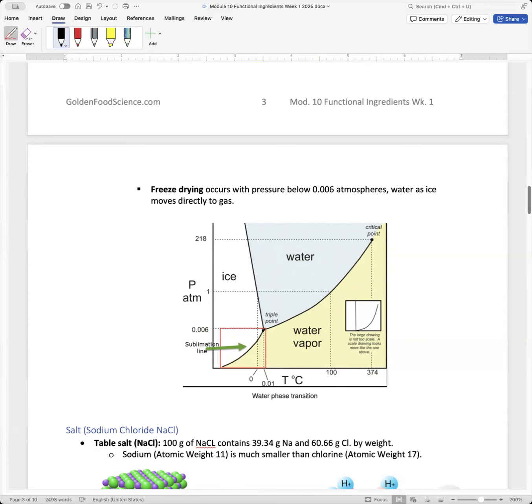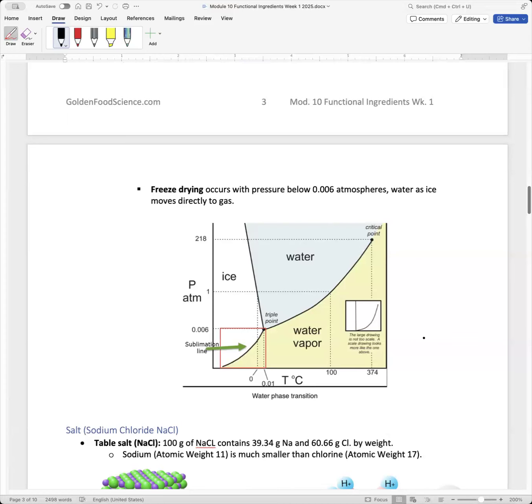And that's what happens in a freeze dryer. So if you have a freeze dryer, you make it really, really cold, and then you decrease the atmospheric pressure, and that changes the point where the solid will go directly to a gas without going through a liquid state. Because that happens, you don't get the crystallization and you don't get the destruction of the food, like you would if you froze it and then evaporated it.